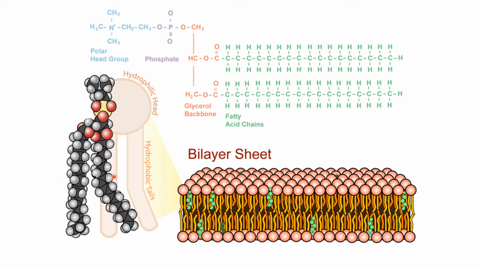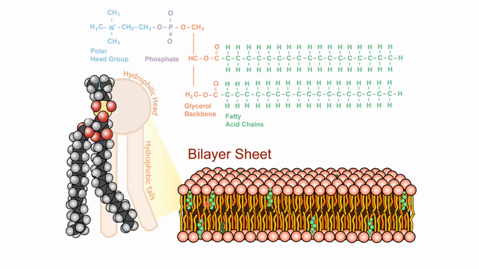Now, the very interesting thing about phospholipids is that the head is going to be hydrophilic, which means that it interacts with water, and the tail is hydrophobic. So the reason why it forms a lipid bilayer, or two layers of this, is because the tails do not want to come into contact with water.